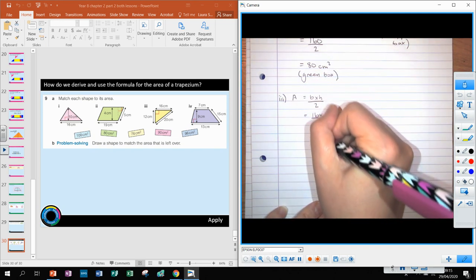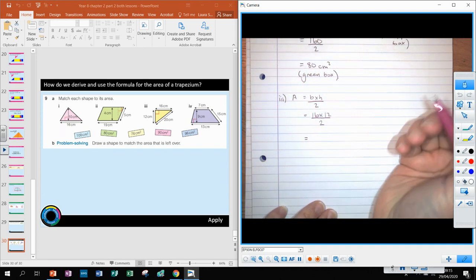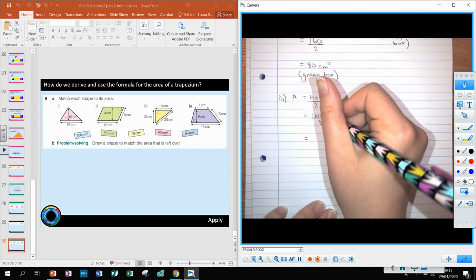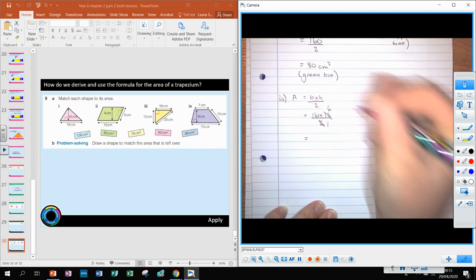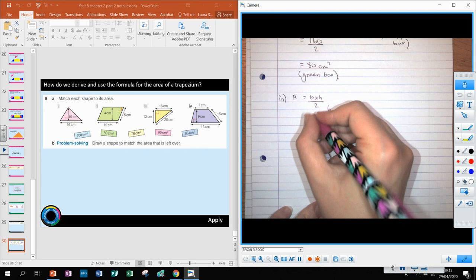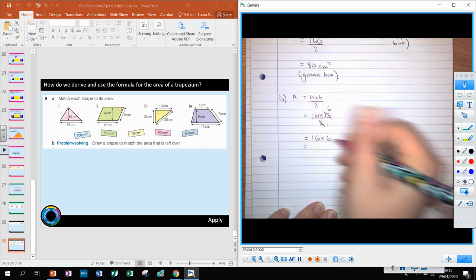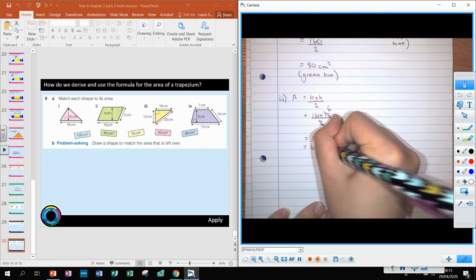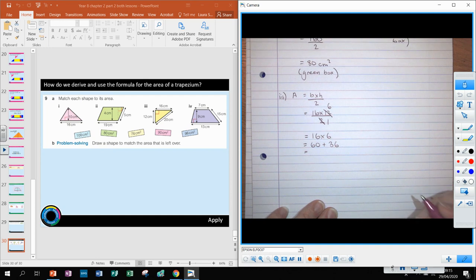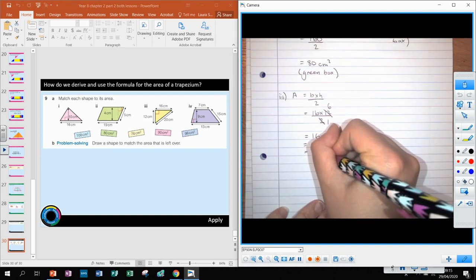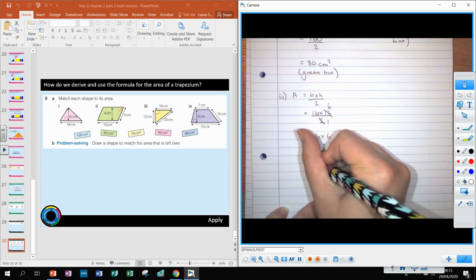Now I would use the canceling down, so I could cancel that to a 1 and this to a 6. So we have 16 times 6. 10 times 6 is 60. 6 times 6 is 36. And so in total, we have 96 centimeters squared, which is the blue box.